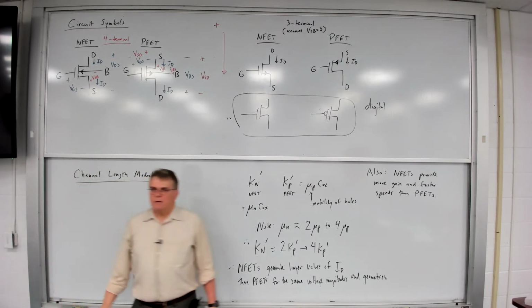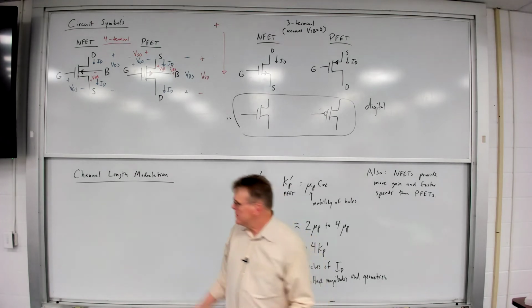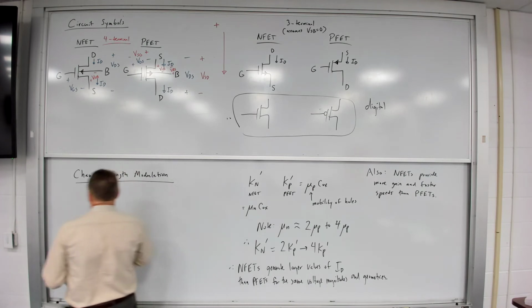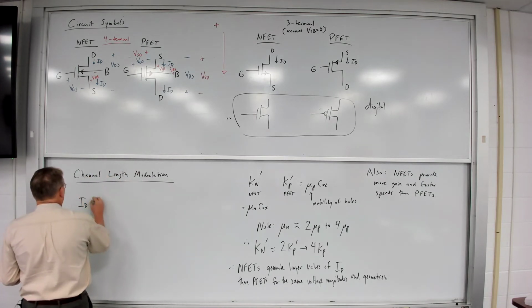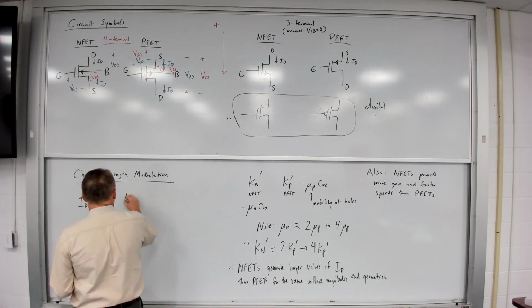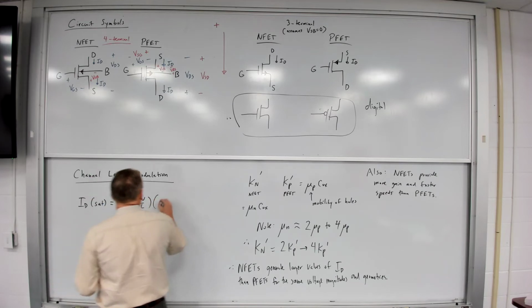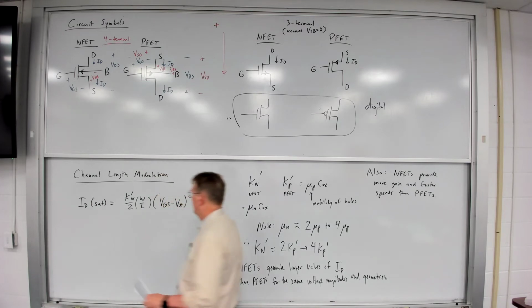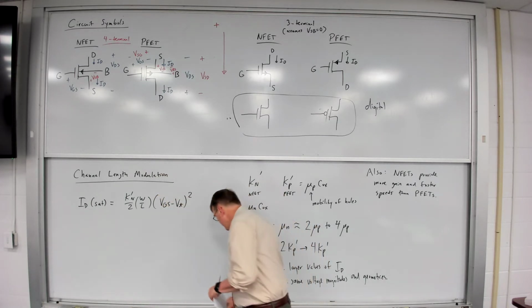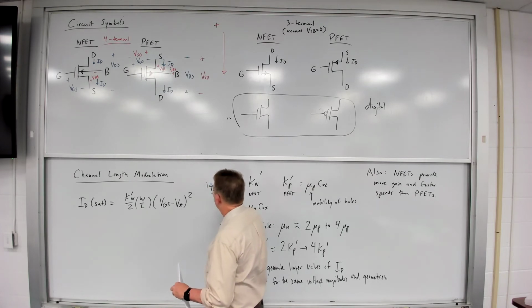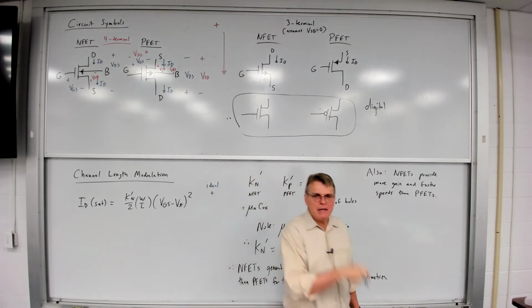And that's the phenomenon of channel length modulation. We talked about this last time. Ideally, for an NFET, we should get the following: K prime N over 2 times W over L times (VGS minus VT) squared. This is the ideal equation because it is independent of VDS.